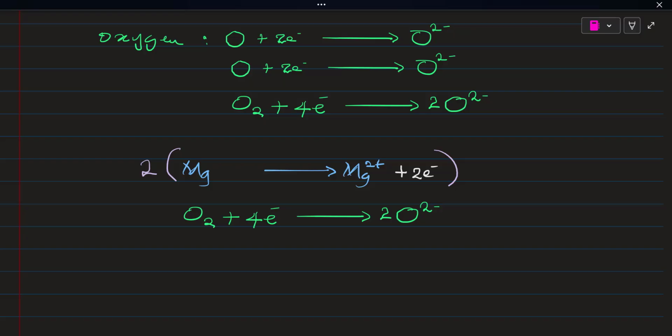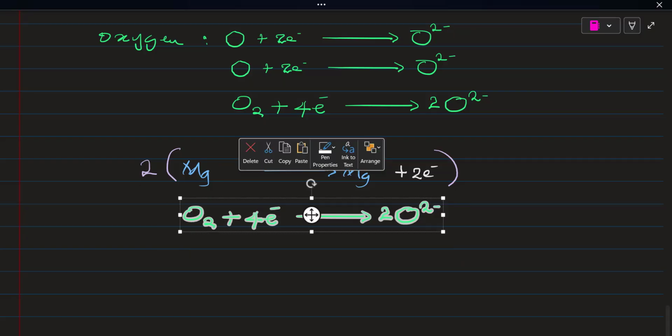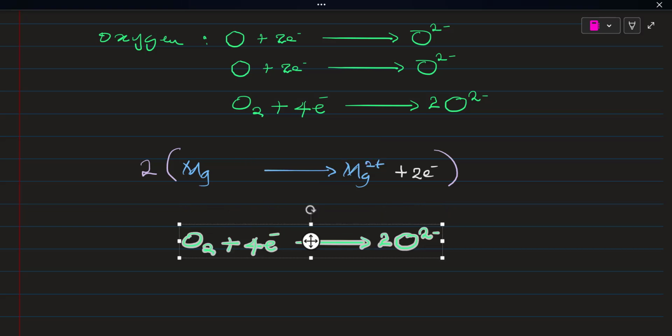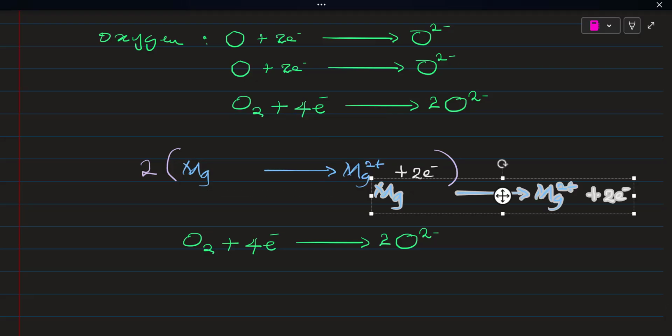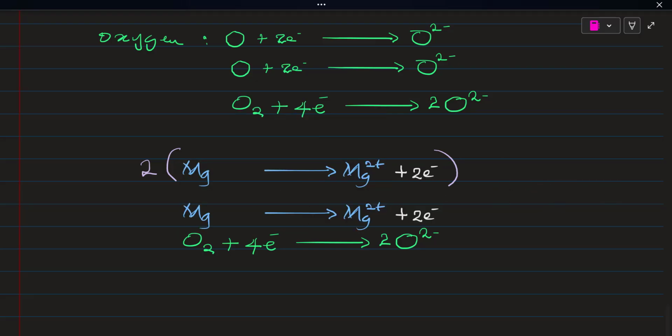So when we do that, electrons lost by magnesium will be 4, and then it will equal the electrons gained by oxygen. So I'll copy this, and then I'll put it down here, and then I put the balanced equation. So this will be 2 magnesium atoms. It's going to be 2 magnesium ions, and instead of having 2 electrons here, it becomes 4 electrons.